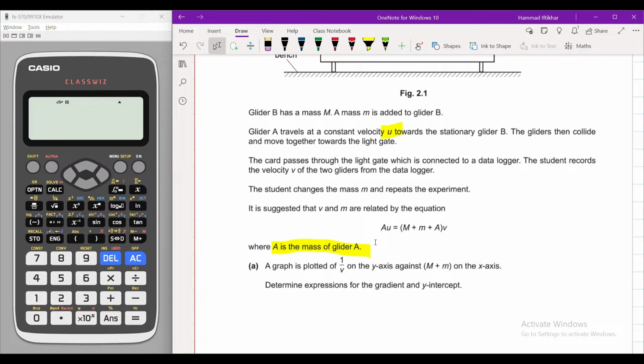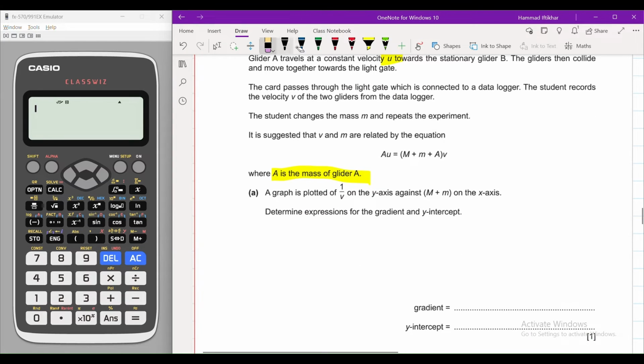So when we take 1 over v on this side, what do we get? 1 over v equals (M + m + A) over Au. This M plus m is supposed to be on the x-axis, right?